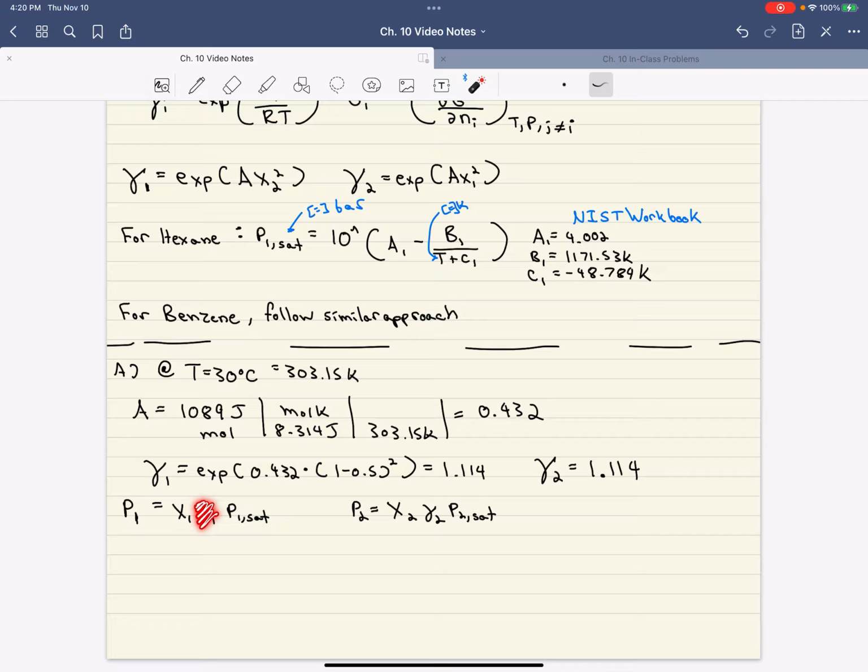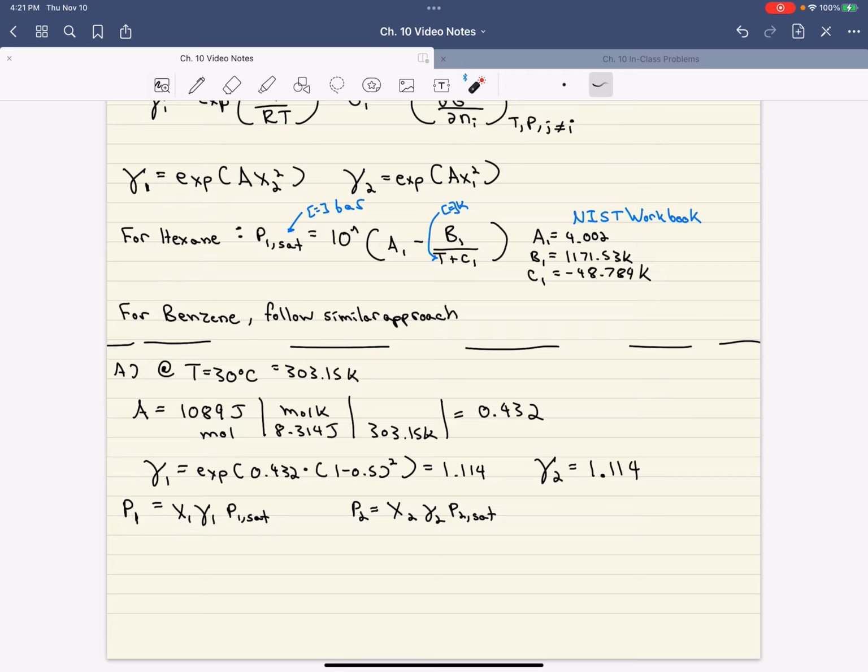And so our partial pressure would just be x1 times P1 sat. But because we have non-idealities in our system, gamma 1 here, since it's greater than 1, essentially means the partial pressure of species 1 is going to be higher than it would be for the ideal solution, because this gamma 1 is going to make this product larger. Same thing for species 2, right?